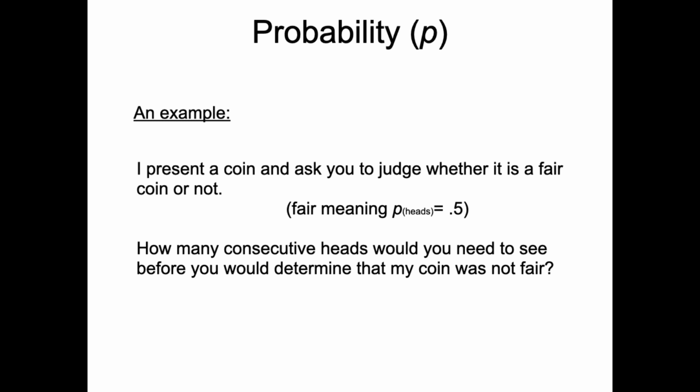The question then is, how many consecutive times getting heads would you need to see before you would determine that a coin wasn't fair? If I kept flipping a coin, and it said heads, and I flip it again, it says heads, and again heads, you might say, well, that could happen just by chance. But let's say I keep doing that. How many times would you have to do this before you'd start to get suspicious?